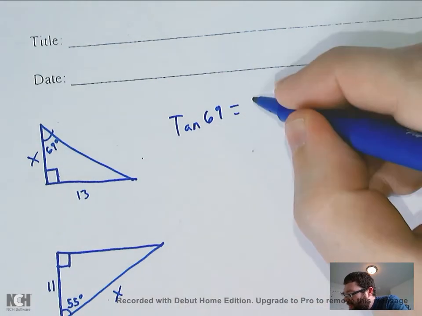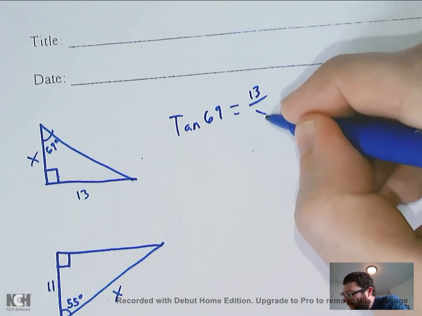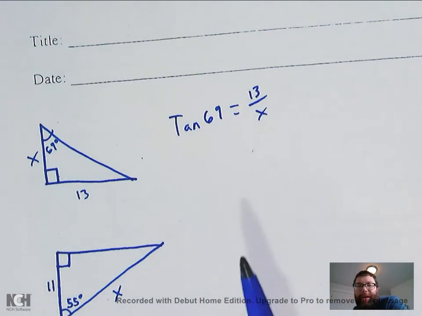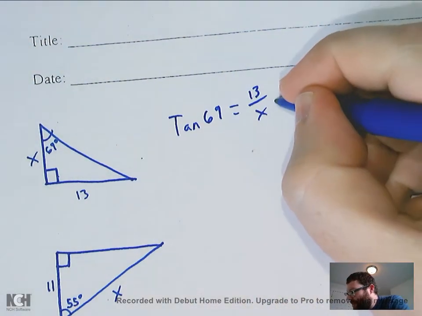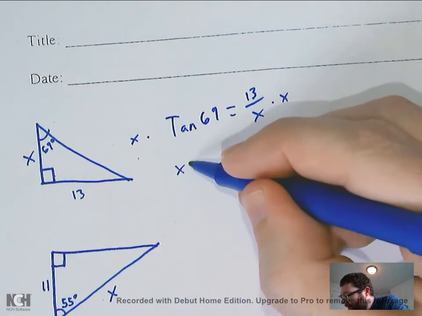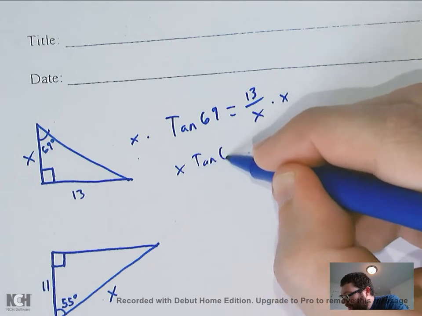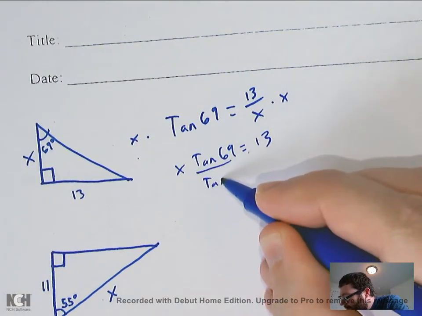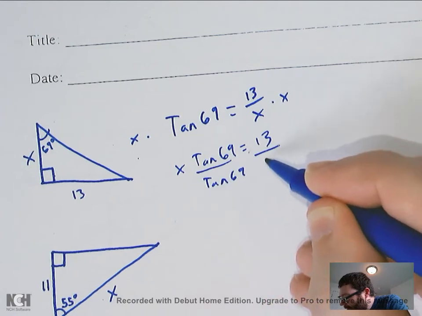So opposite is 13, adjacent is x. I don't know what that is, so I need to get the x by itself. So I multiply each side by x, and I get x times the tangent of 69 equals 13. Then you divide by the tangent of 69 on each side.